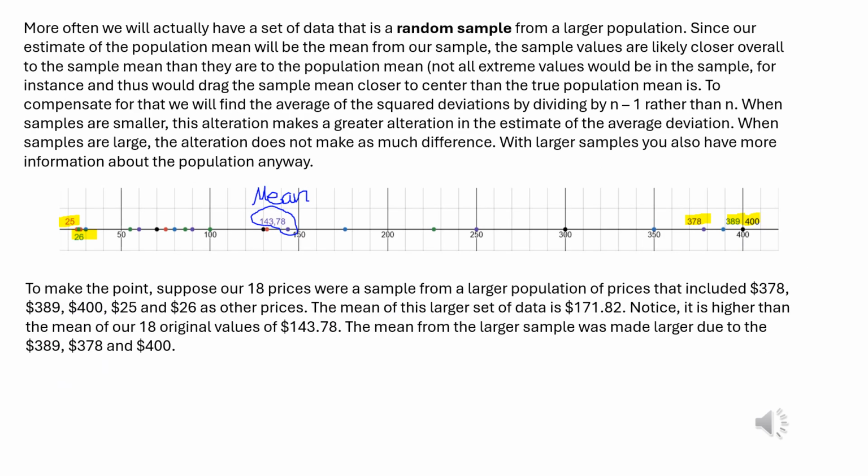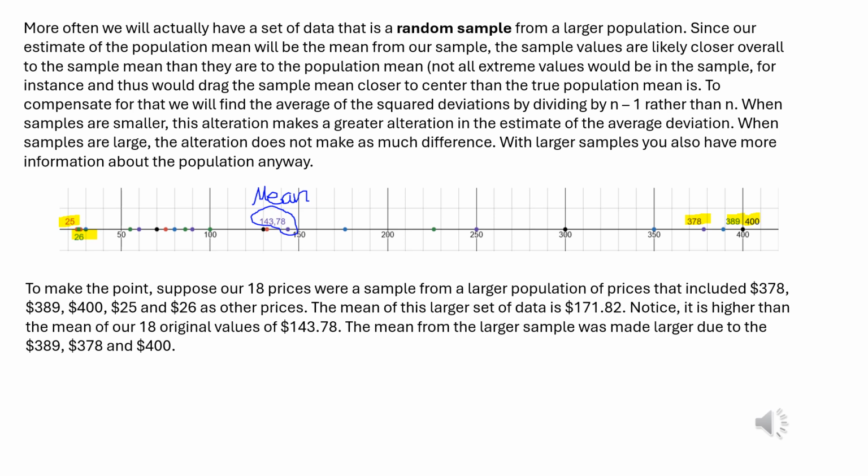More often than not, we will actually have a set of data that is a random sample from a larger population. Since our estimate of the population mean will be the mean from our sample, the sample values are likely closer overall to the sample mean than they are to the population mean. That's because not all extreme values would generally be in the sample, and this would drag the sample mean closer to the center than to the true population mean.